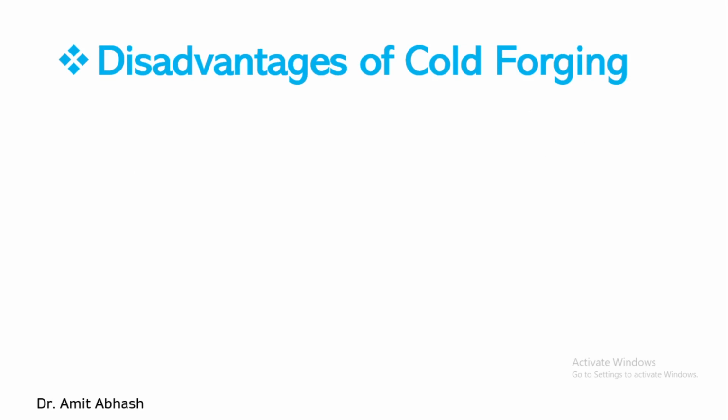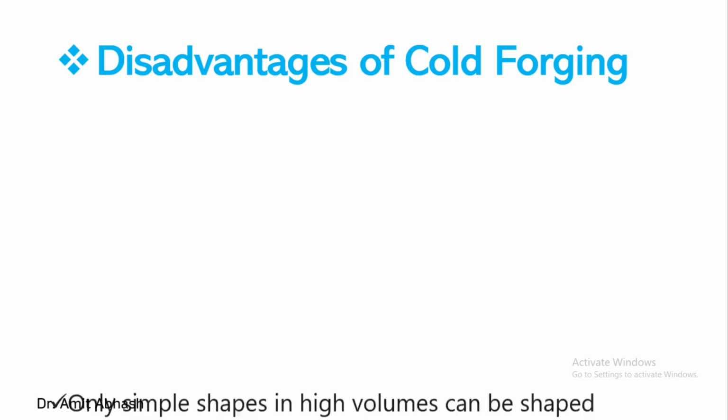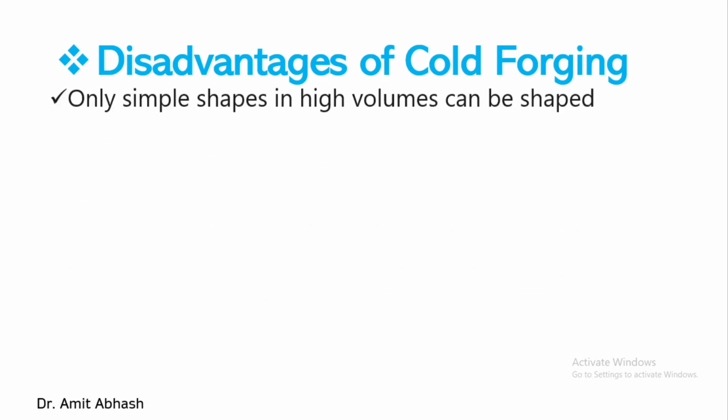Now the disadvantages. Apart from the advantages, there are some disadvantages also, so we are going to see them one by one. At first, only simple shapes in high volume can be produced, because there is a difference in softening of the material between working at lower temperature and working at higher temperature. When you are working with hot forging, at higher temperature the material gets softened, which means the ductility of the workpiece will be increased.